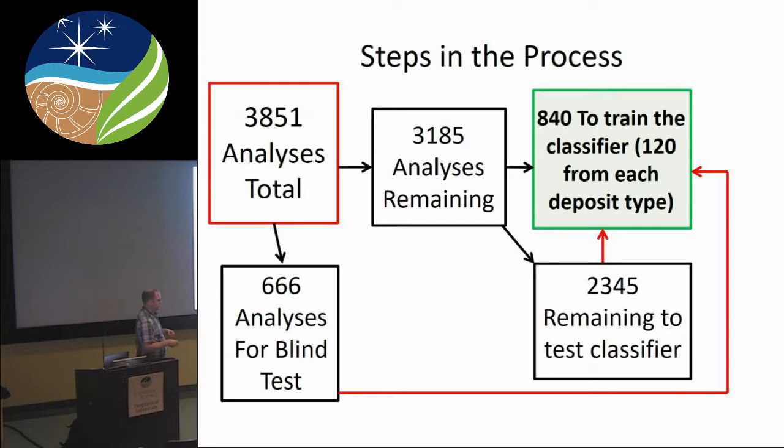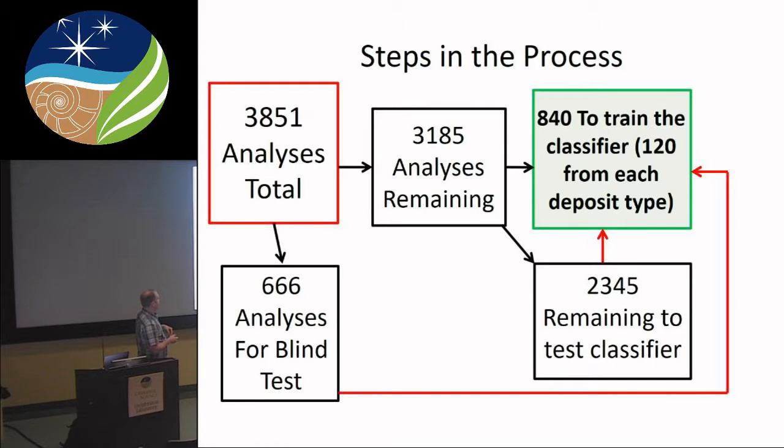If you have a given set of data points from one ore deposit that had a lot of data, and you add just a random assortment, the one that has more data points is going to bias your classifier. So we tried to keep it so each deposit gave the same number of analyses to the classifier.